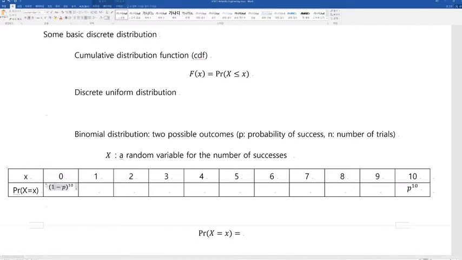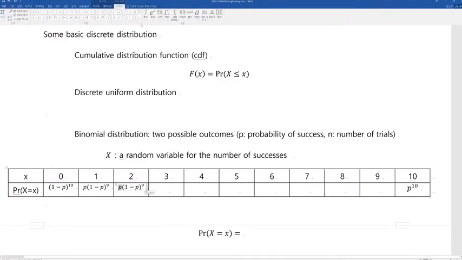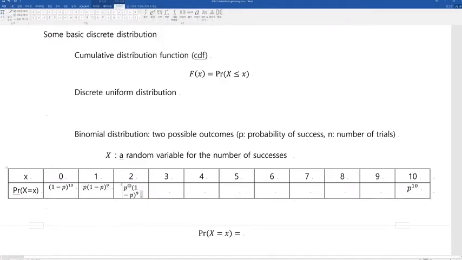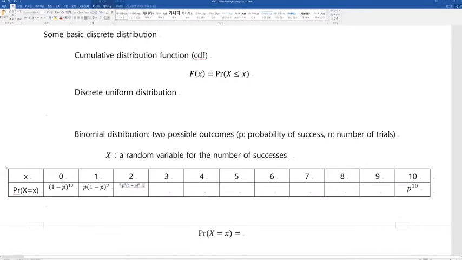In the second case, the probability that we are going to have just one success would be 1 success and then 9 failures. What about when we have 2 successes? Then 2 successes, 8 failures, but there are many combinations for that. How many combinations are we going to have?